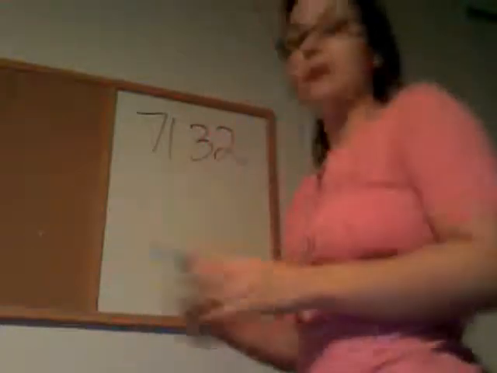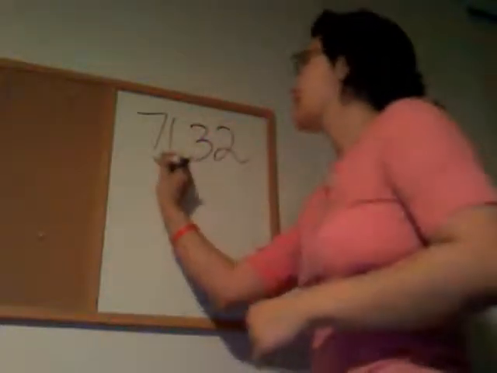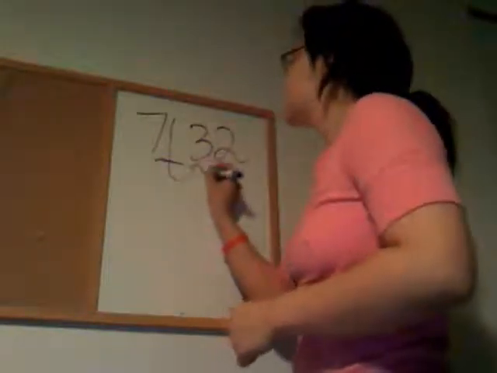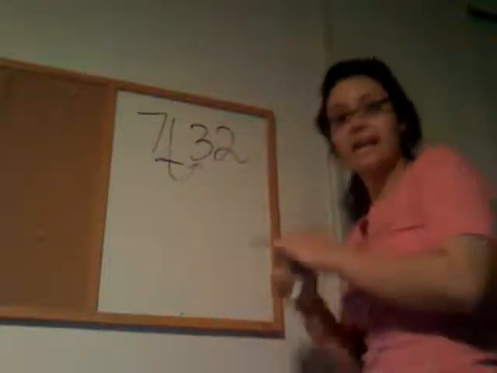Let's do a different type. Let's do 71.32. Again, rounding to the nearest whole number, so we're still looking at the same digit, and we look to the right of it, right?